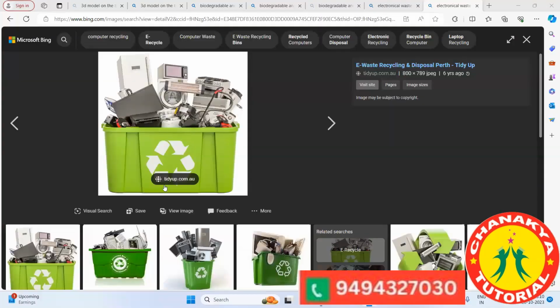So these are called e-waste. Yes, it is electronic waste. This electronic waste has very harmful effects on our environment.